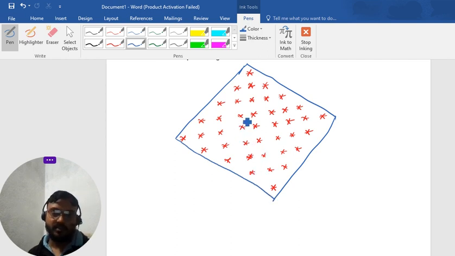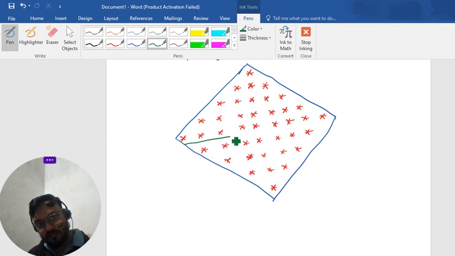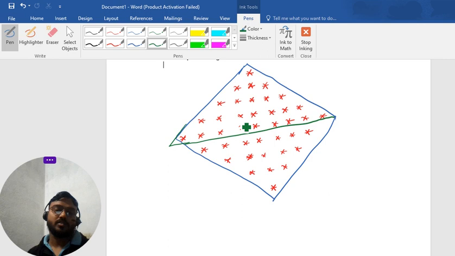Let me divide this from here. This is one triangle, the upper triangle, and this one is the lower triangle.